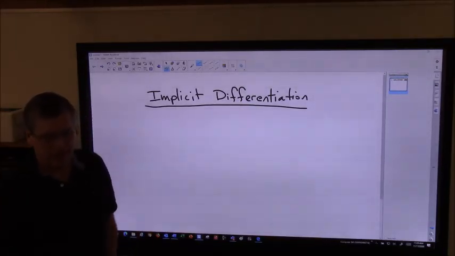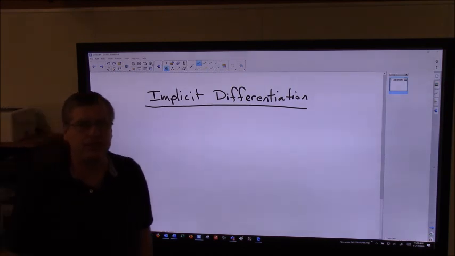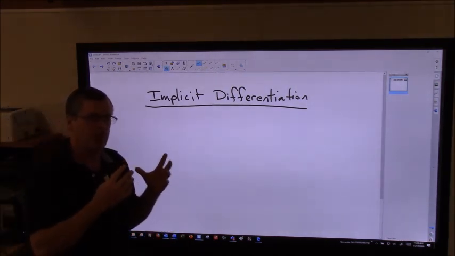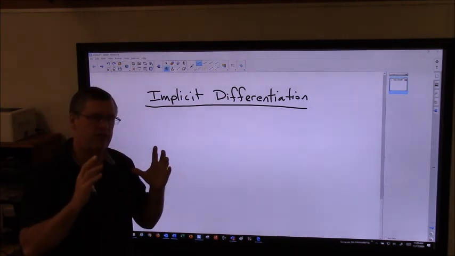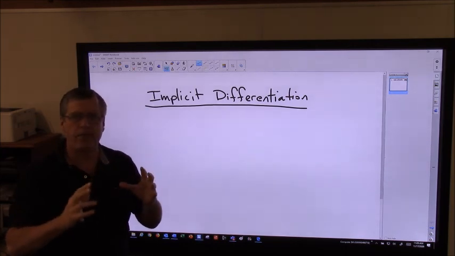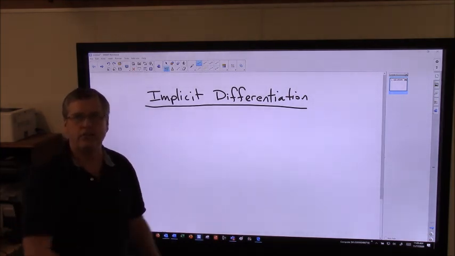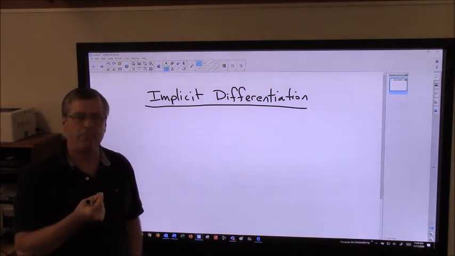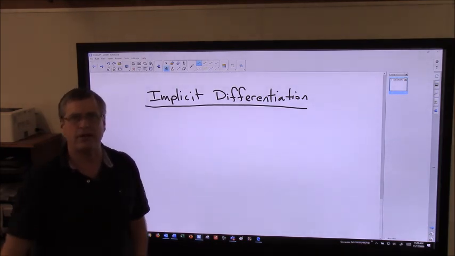So today we're going to talk about implicit differentiation, which everything we've done so far is categorized as explicit differentiation. It means that we can get y by itself and take the derivative. But the question we want to talk about is what happens when you can't get y by itself?